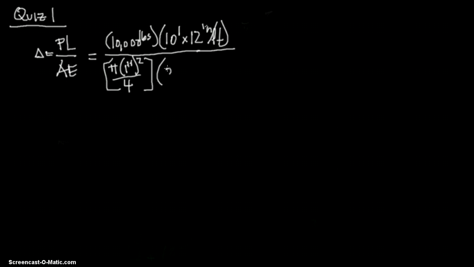And then E is always going to be 29 million psi for steel. And let's go ahead and do the math on that. And after doing the math, I get 0.0553 inches.